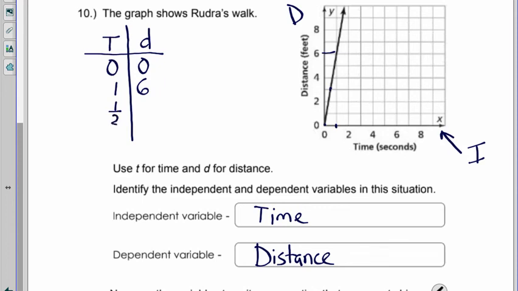But anyway, it looks like to get from 1 to 6, that's times 6, and it's going to be the same for all of them. 0 times 6 is also 0. So it looks like I'm taking my time and multiplying it by 6 to get the distance. So that's what we have down here.